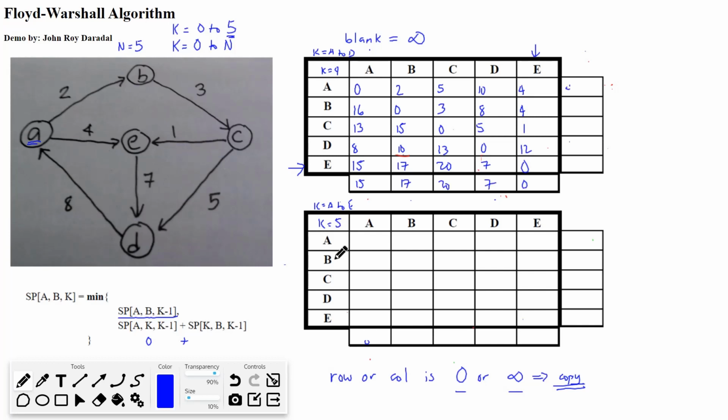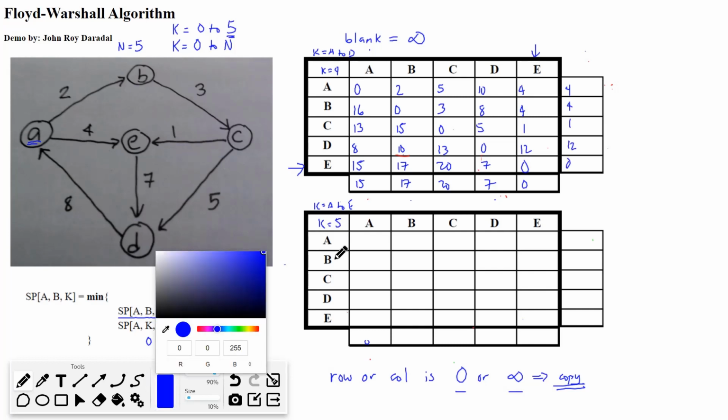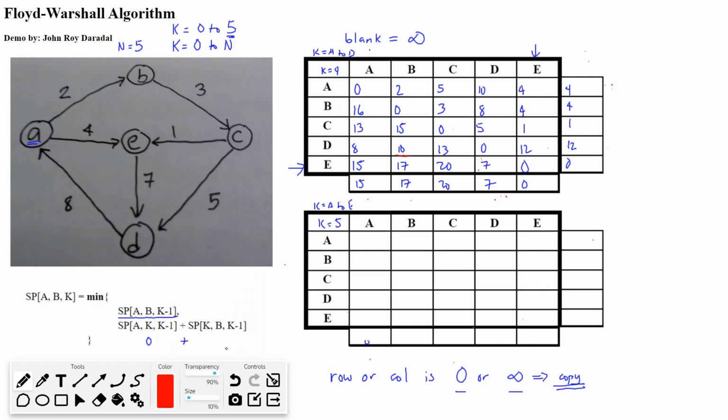And then 4, 4, 1, 12, 0. Okay? And we'll notice that the only 0 column are the last rows and last column. So we'll copy this one because this is a 0 row, and then we also copy this one because this is a 0 column.